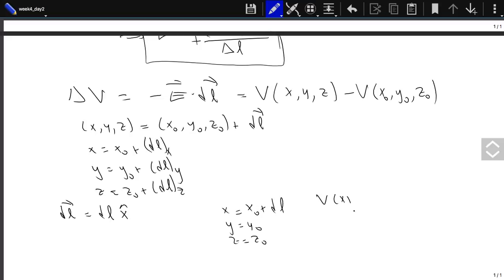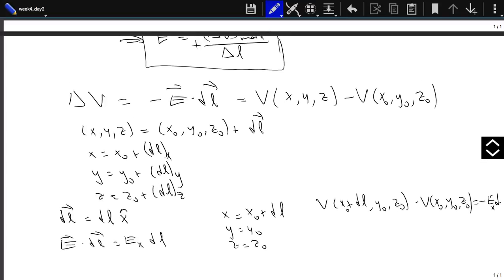So V of x0 plus dl, y0, z0, minus V of x0, y0, z0 is equal to minus, well now E dot dl is just the x component of the electric field times dl. So this potential difference is equal to minus Ex times dl.